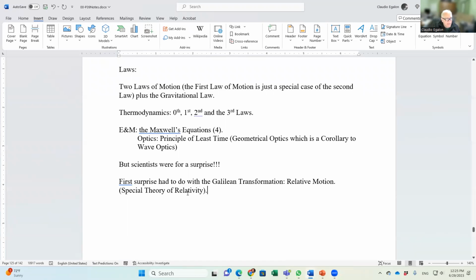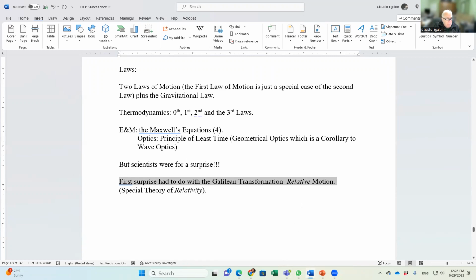There's no coincidence that we have relativity here and relative motion here, okay? There's a direct connection between the special theory of relativity of Einstein and the Galilean transformation that Galileo came about. Galileo proposed at his time to explain relative motion.